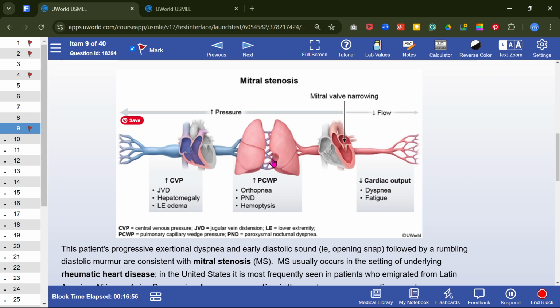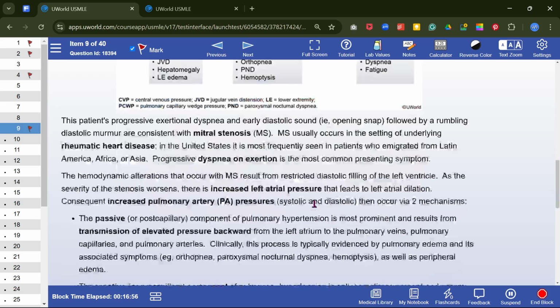According to the picture, in mitral stenosis central venous pressure is increased, meaning right sided preload is increased. Pulmonary capillary wedge pressure, left sided preload, is also increased. And as the mitral valve is narrowing, cardiac output is decreased. So this patient's exertional dyspnea, early diastolic sound, opening snap followed by rumbling diastolic murmur are consistent with mitral stenosis.